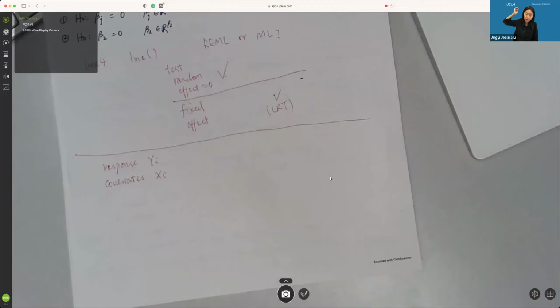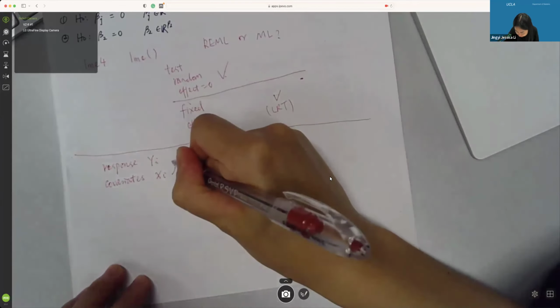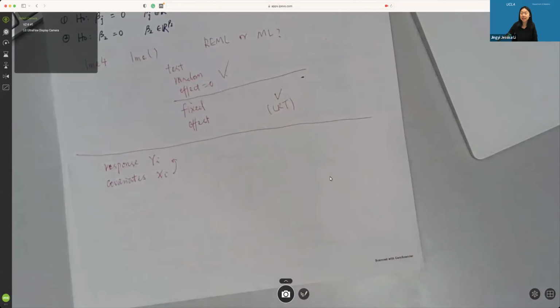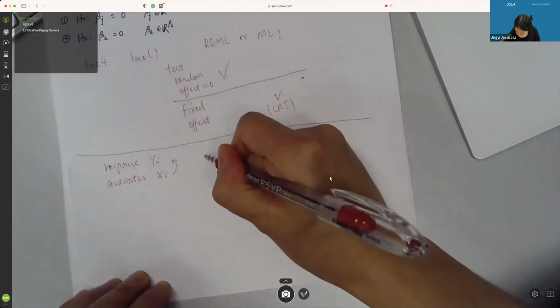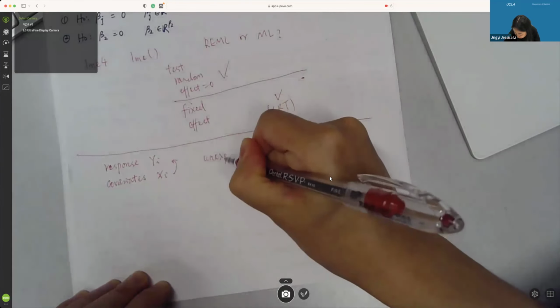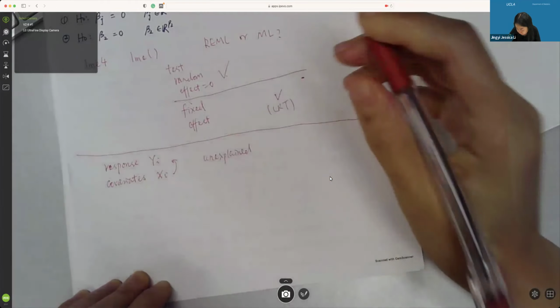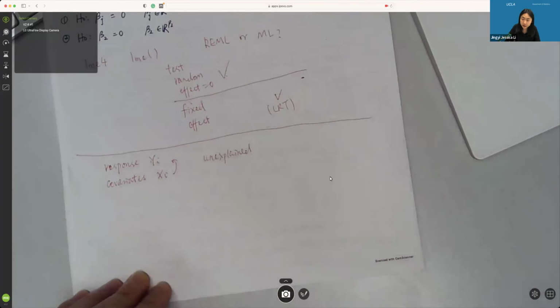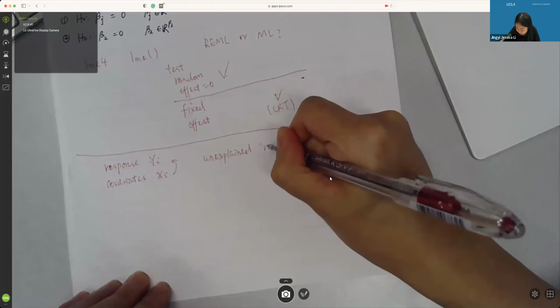And in this relationship, there is a direction. We want to see how well the covariates can predict the yi. Okay, so there's a directional effect. And also we have to bear in mind that there are some random errors or randomness that cannot be explained by covariates. Okay, so we have some unexplained part in our yi, and we call that randomness.